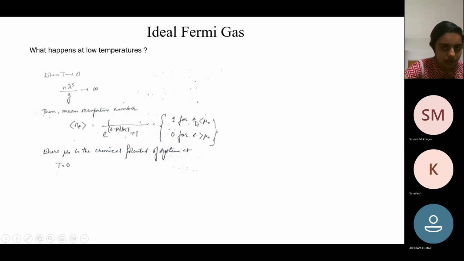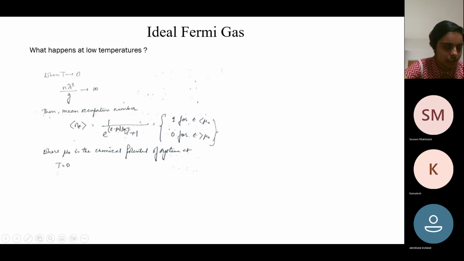So depending on whether epsilon is less than mu naught or greater than mu naught, the power of this exponent would change, as you can say, to minus infinity or plus infinity. Suppose epsilon is less than mu naught. That means this is a negative term, and t is very large, so you have something like minus 1 by infinity.